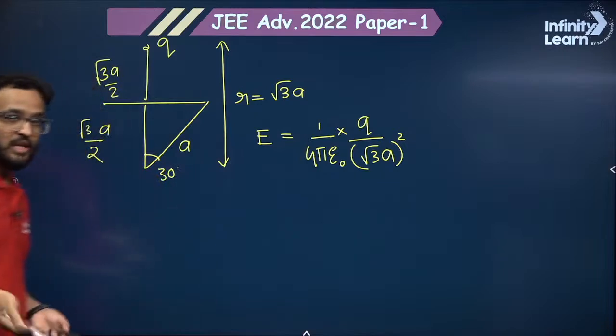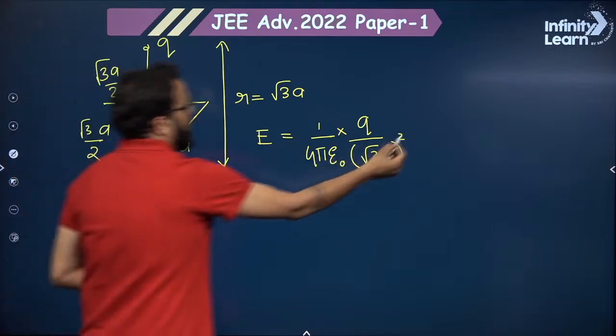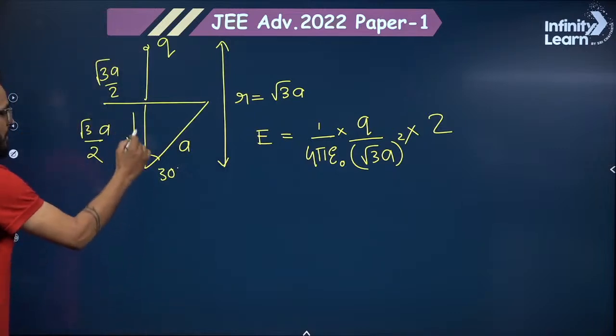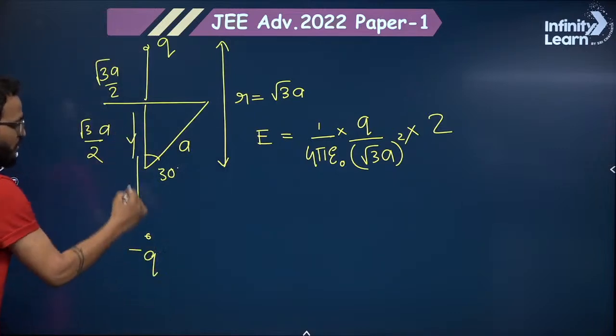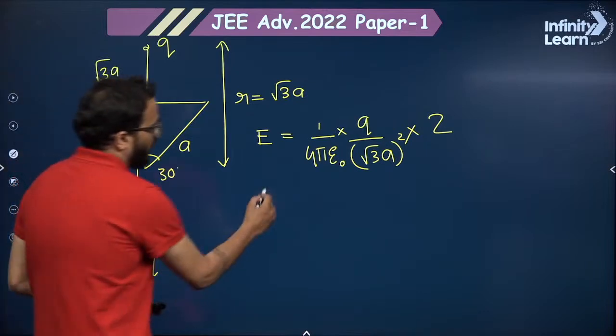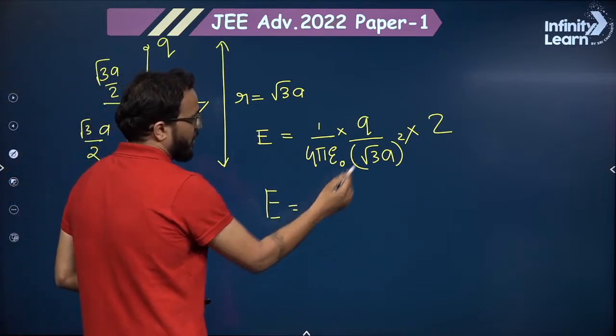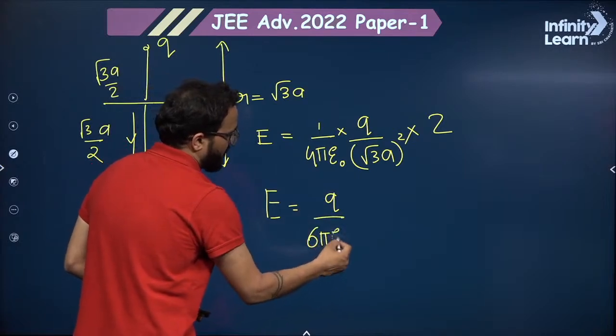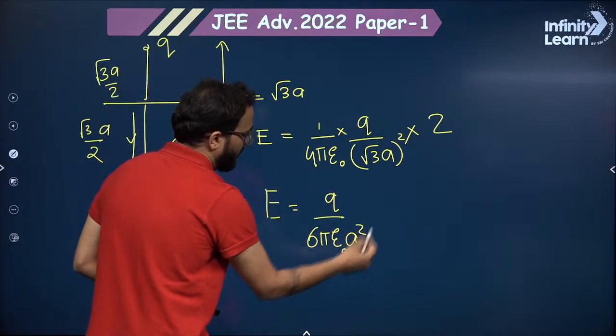Now the total electric field, if they are asking, I will multiply by 2. Why? Because Q's field is downwards and because of minus Q also downwards, so we will add them. So what will be the field this time at the center? 3 into 6, so Q by 6 pi epsilon naught A square.